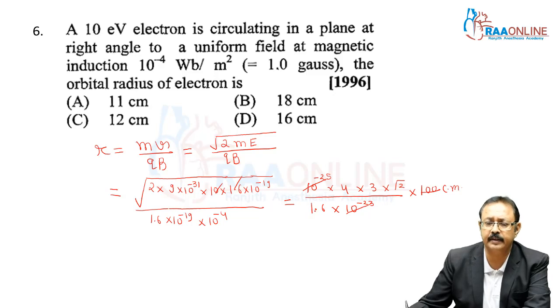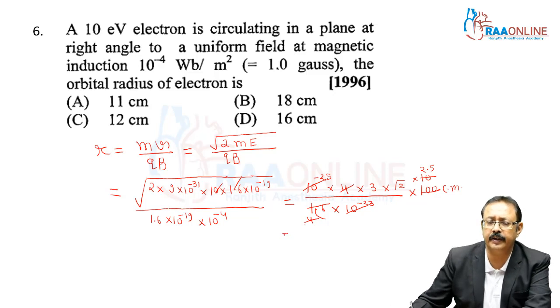Cancel this with this. Remove this and multiply the numerator by 10. 4 fours are 16 and 4, you will cancel this 10, you will get 2.5.